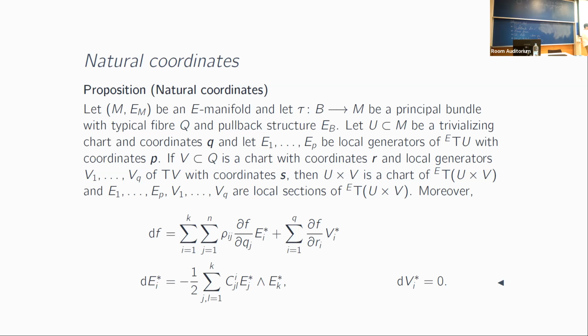What this is saying is that it is really similar to fiber bundles. The union of these charts is a chart of the induced E-tangent bundle on the fiber bundle, the pullback.